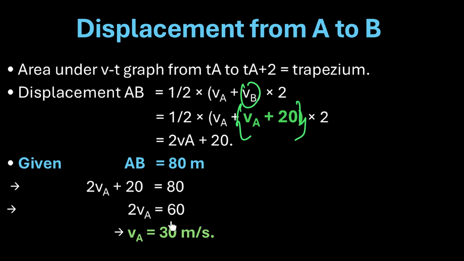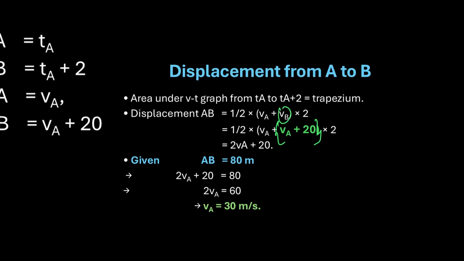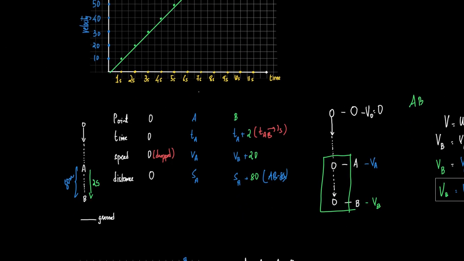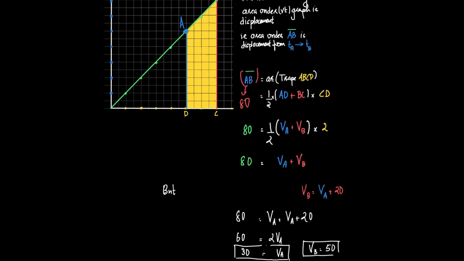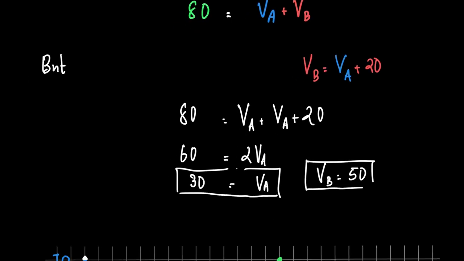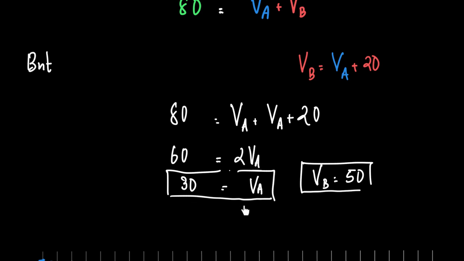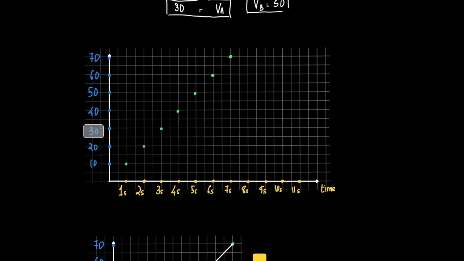Something that we've been doing for the past 3 questions, or 3 types of solutions, right? Now, once you understand VA from this, which is equal to 30, since VA is 30, 30 plus 20 will give you VB, and VB is equal to 50. Okay.